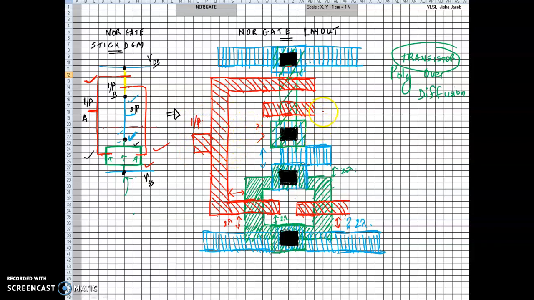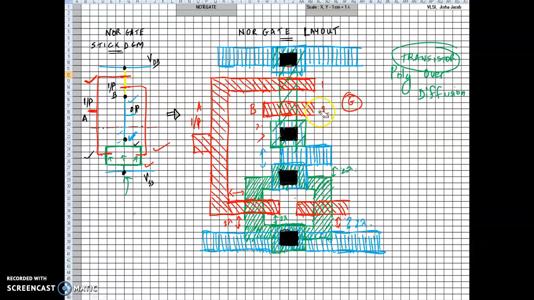Now let us do the same thing for input B. This is input A. We apply B at this end, and both the left end and the right end signify the gate of the second PMOS transistor. This is the first PMOS transistor. This is the second PMOS transistor.